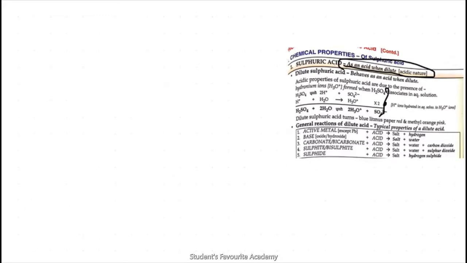So if blue litmus is turning red, it is understood that it is an acid. Okay, and then if you have the methyl orange test, it turns that into pink. So this also concludes that the dilute form of sulfuric acid is an acid.